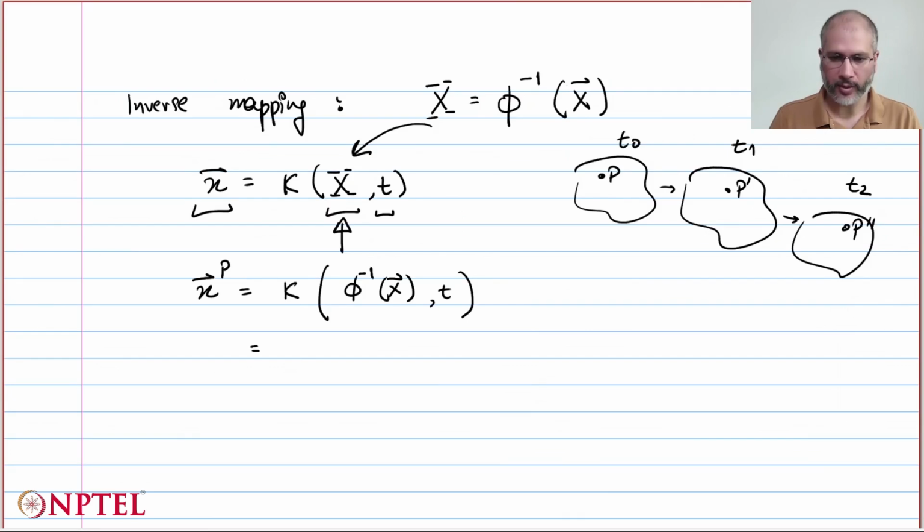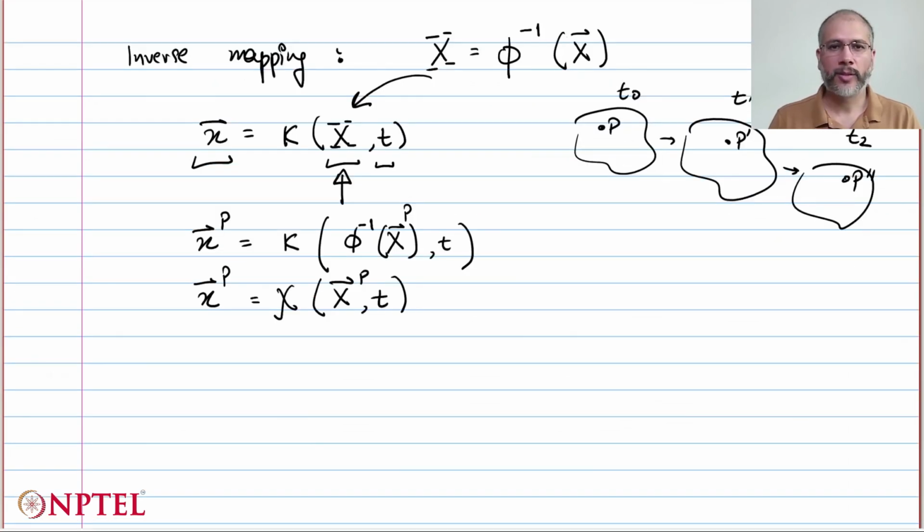So this gives us a function chi, which is a function of capital X and t.